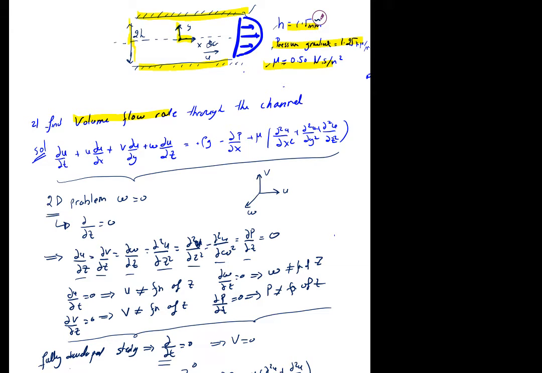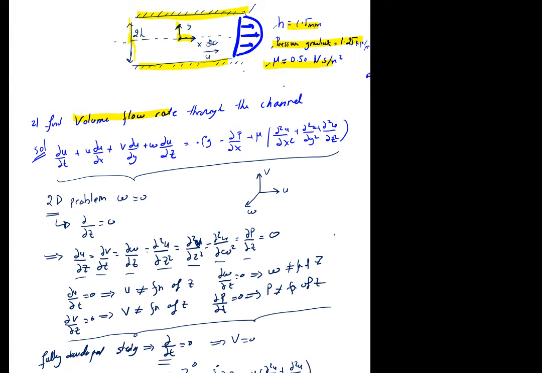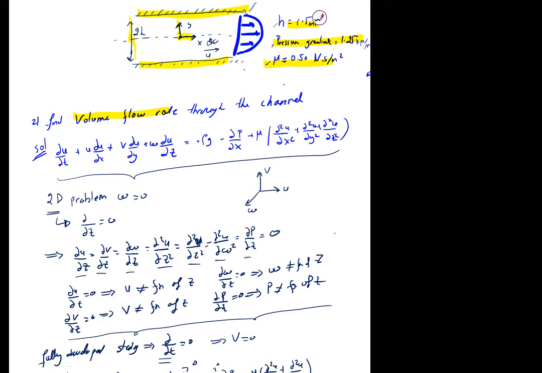Because it's two parallel plates and the distance is very, very small, 1.5 millimeters times 2, so 3 millimeters, I can consider the effects of gravity as negligible. So now I'm left with one nonlinear term, which is u times du by dx, and mu times d squared u by dx squared plus d squared u by dy squared, and also I'm left with this.